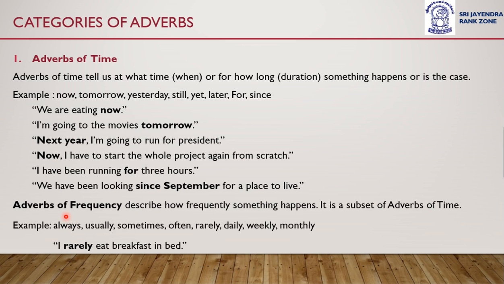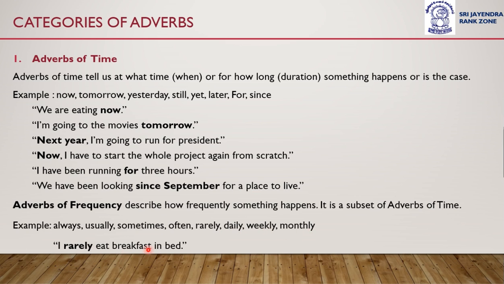There are a few subsets of adverb of time as well, like adverb of frequency, adverb of duration, etc. So adverb of frequency describes how frequently something happens. Okay, it is a subset of adverbs of time. Some examples of adverbs of frequency are always, usually, sometimes, often, rarely, daily, weekly, monthly.